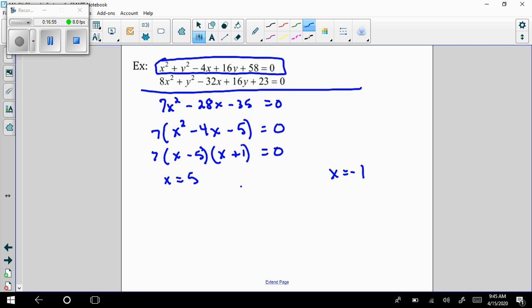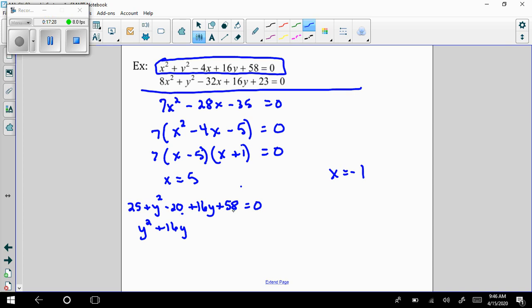All right, so if I plug into the first one, x squared, that'd be 5 squared, which is 25, plus y squared. -4 times 5 is minus 20, plus 16y, plus 58 equals 0. So I have y squared plus 16y. 25 minus 20 is 5.